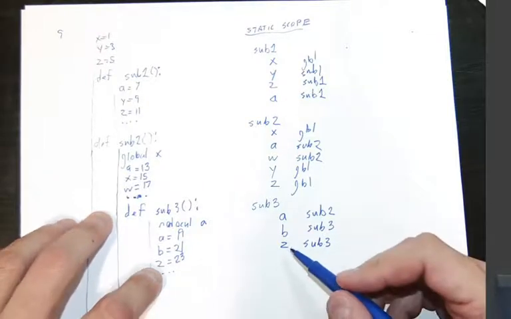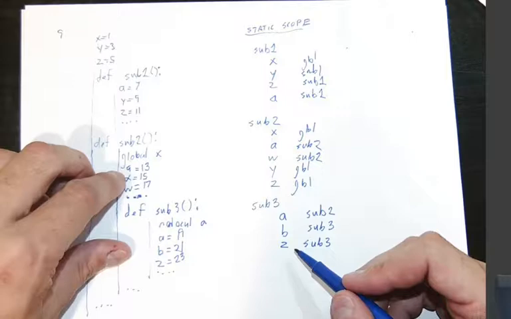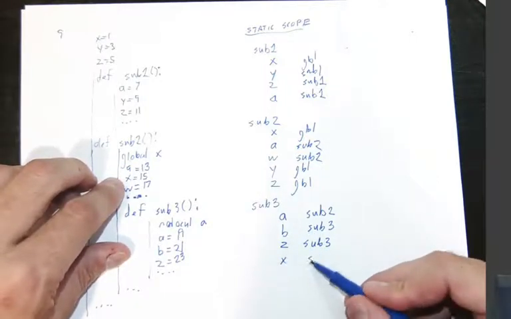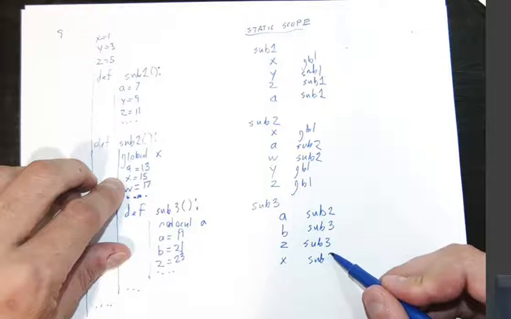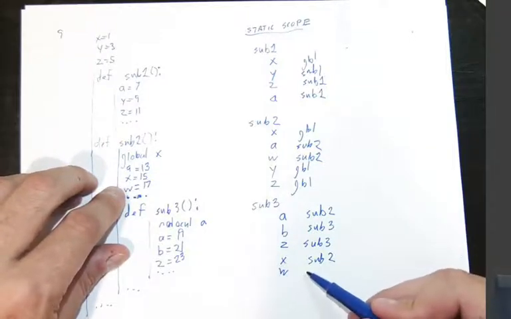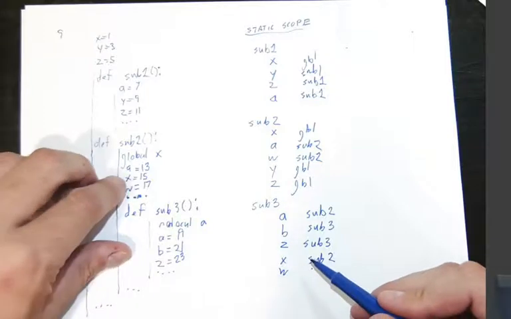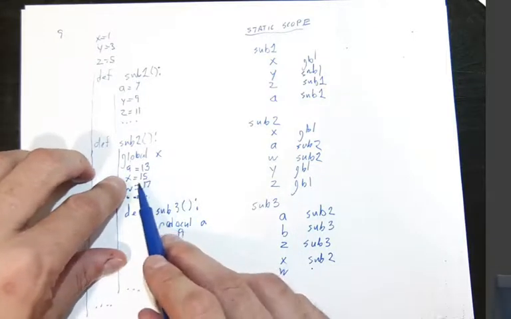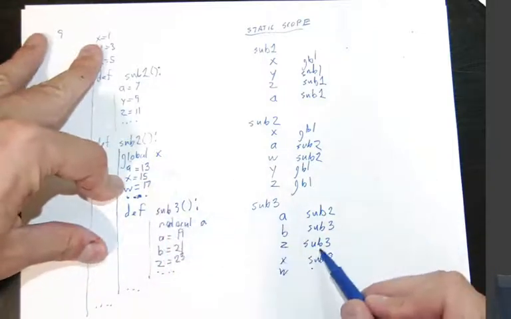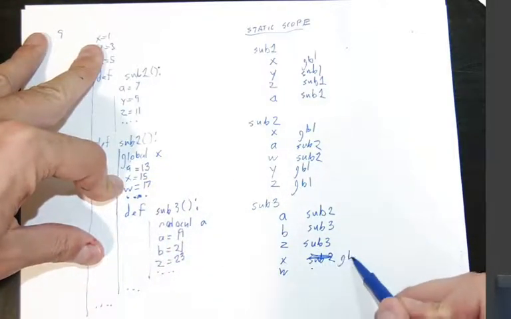And what else do we have access to? A is already used. X has not been shadowed, so we have X from sub2. And we have W from sub2. I'm sorry. X was declared global, so X from sub2 is actually X global.